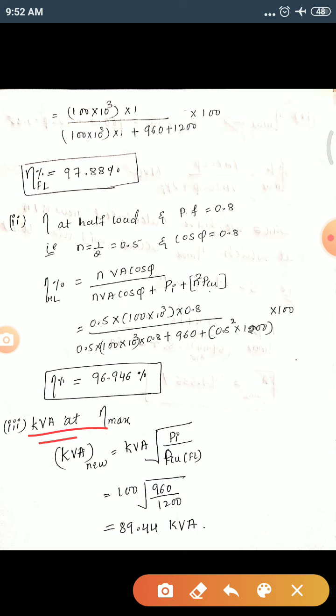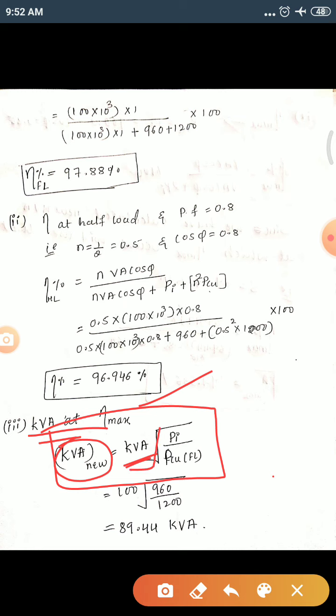Then they have asked what is the kVA rating at which your transformer efficiency is maximum. Now we have to calculate the new kVA. Usually we have a derivation for this, which is not necessary for us. We'll calculate directly and remember this formula: the new kVA at which your transformer has maximum efficiency is the old kVA into the square root of iron loss divided by copper loss. Remember this formula.